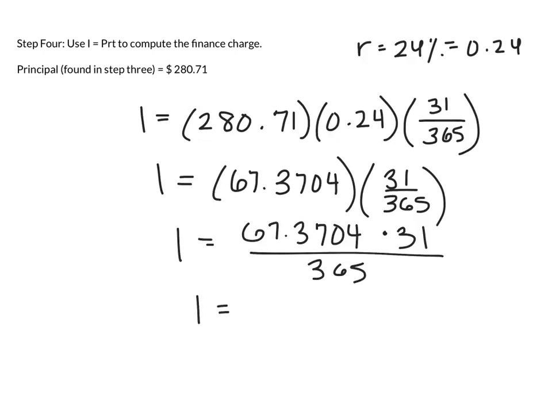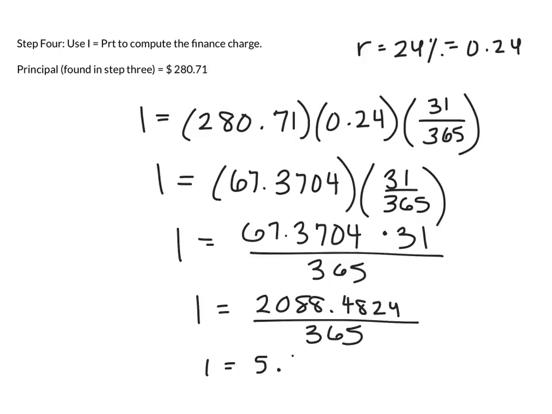So 67.3704 times 31 is 2,088.4824. Lastly, we want to divide that value by 365, and we get I equals 5.721869589.